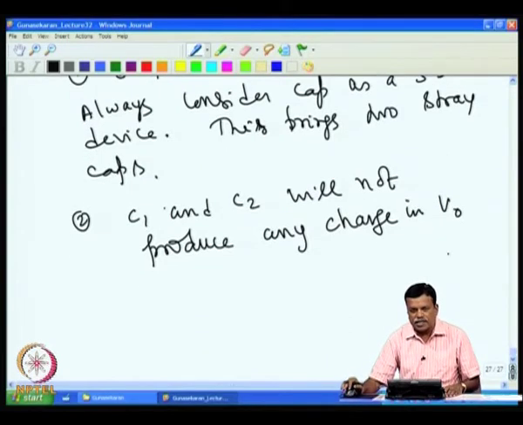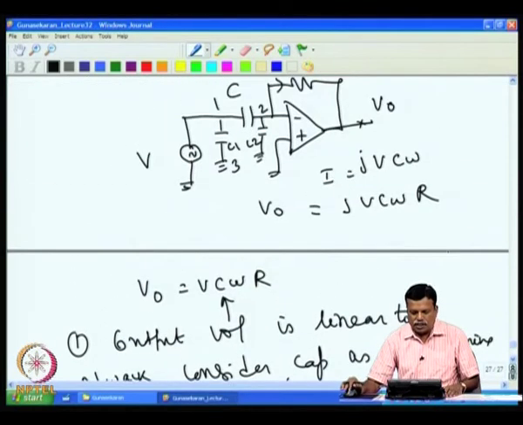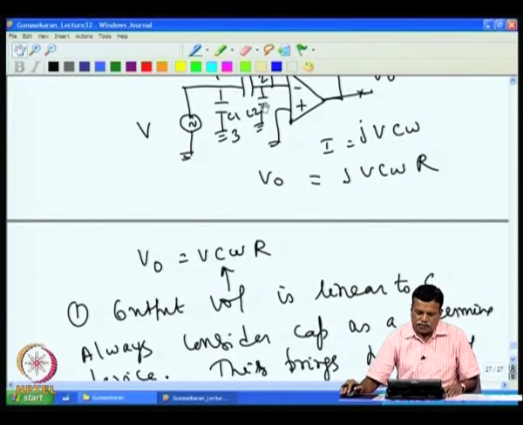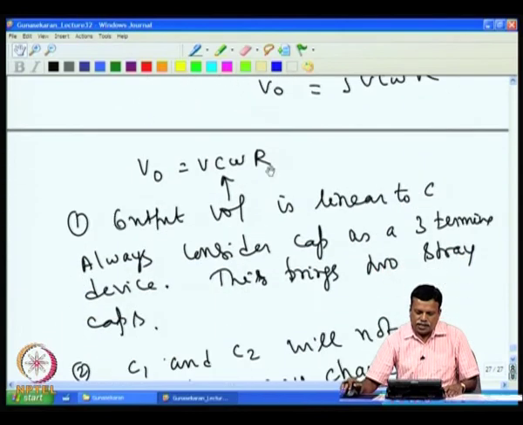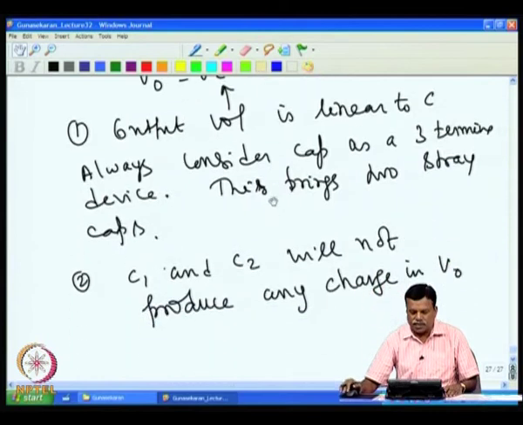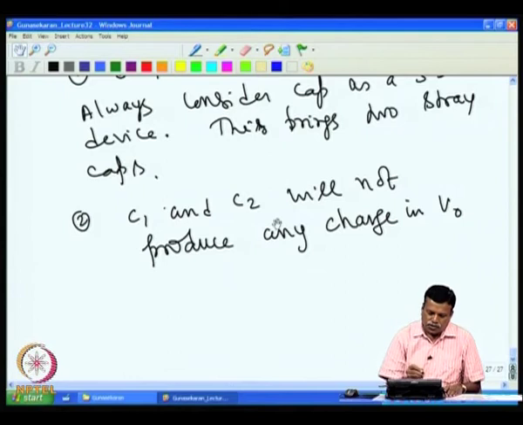This is the ideal case, but it is very nearly true, because the main assumption is that this has a zero impedance source, and this is also at ground potential. The validity of this assumption depends upon the source impedance and the gain of the operational amplifier. Since the gain of the operational amplifier is very high, this is invariably true.